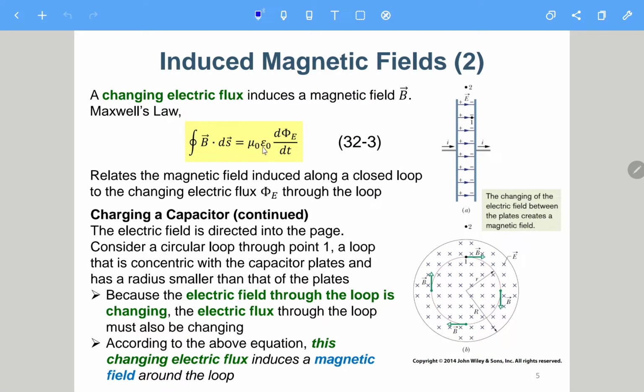So next, here it continues. The E field is directed into the page. Consider a circular loop through point 1. So this point is point 1. A loop that is concentric with the capacitor plate and has a radius smaller than that of the plate, which means that it refers to this Amperean loop.